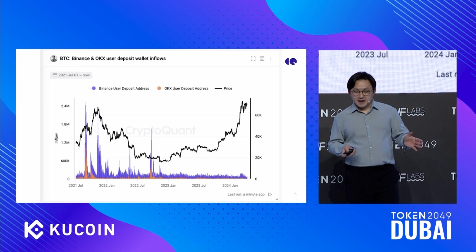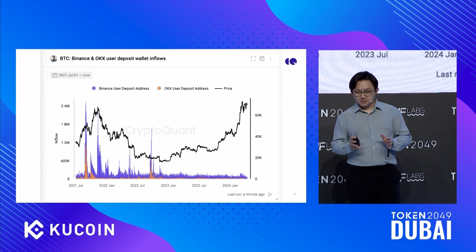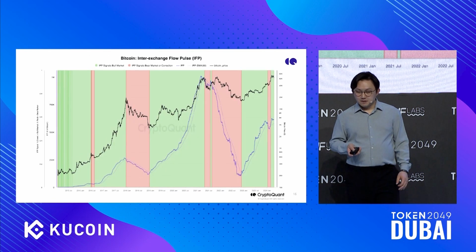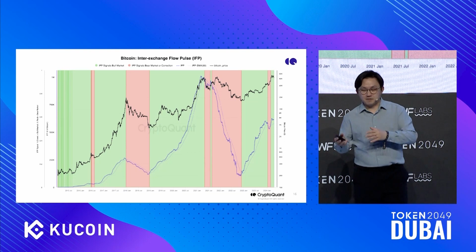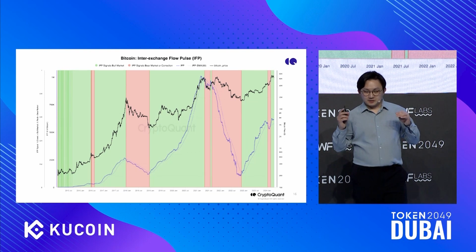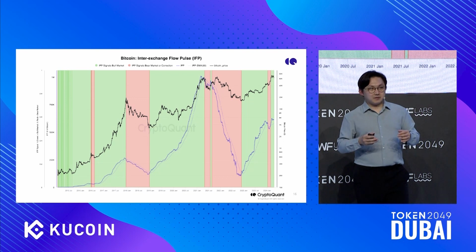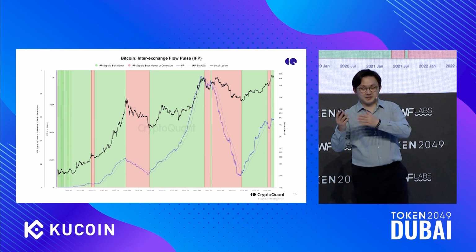If you look at OKEx and Binance wallet cohorts, there are no significant inflows into deposit wallets, so there's no great sell-off for now. This is an indicator to see whether whales are risk on or risk off. Whenever whales decide to risk on, they move their Bitcoins from spot exchanges to derivative exchanges.